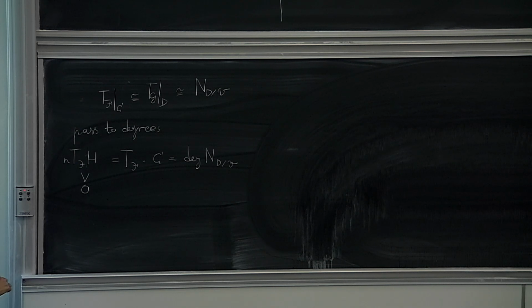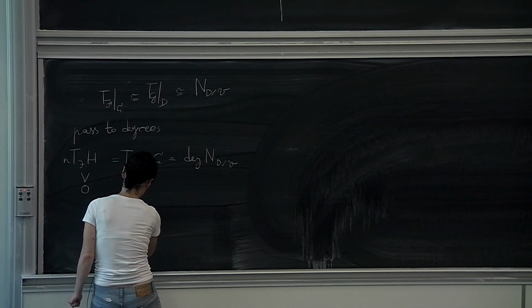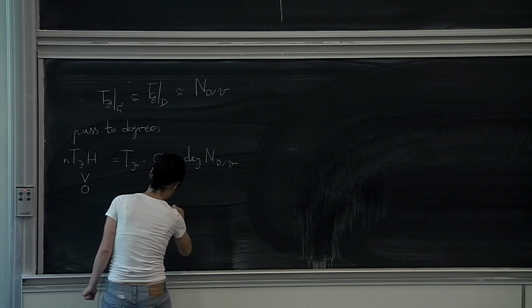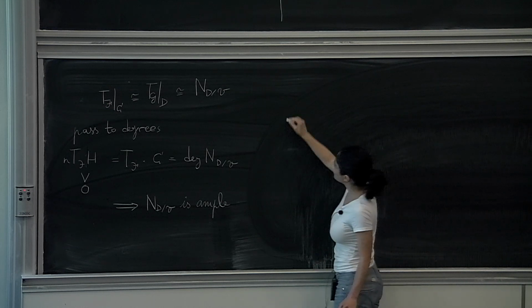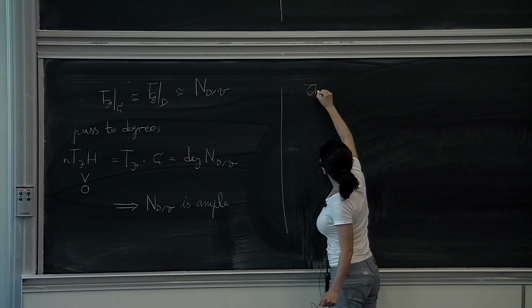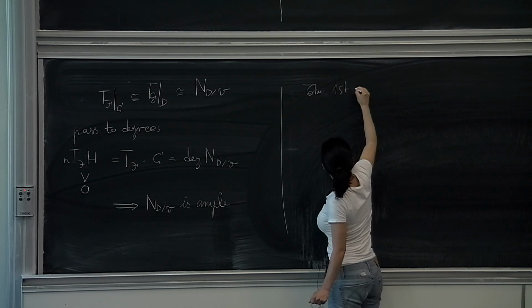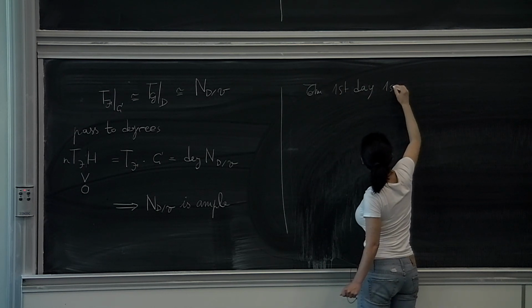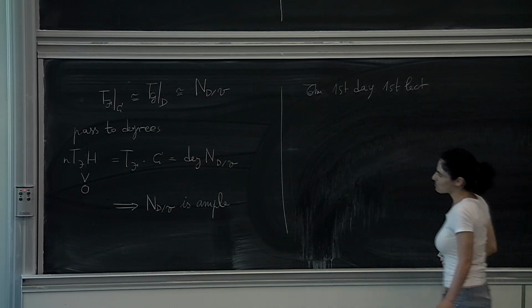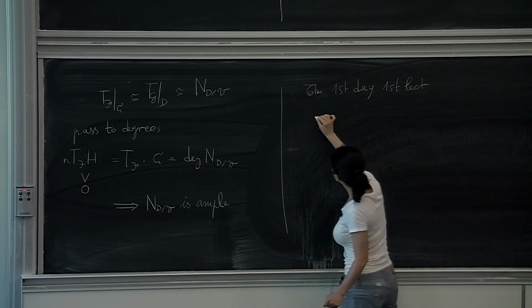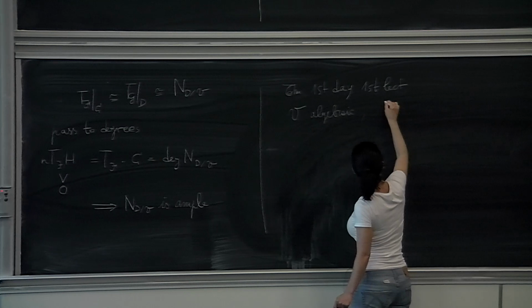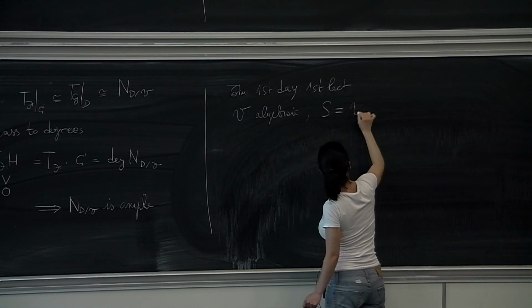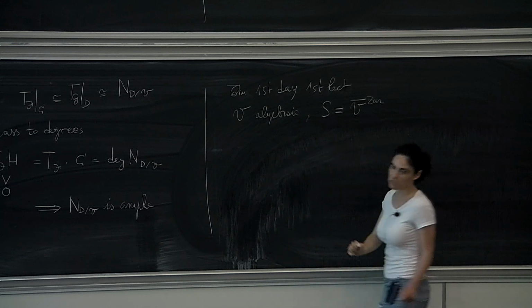Okay? So this normal bundle is ample, and by the theorem you've seen in the first lecture, proved by Jean-Benoît Bost, the surface V is algebraic. And we will call S the Zariski closure of V.